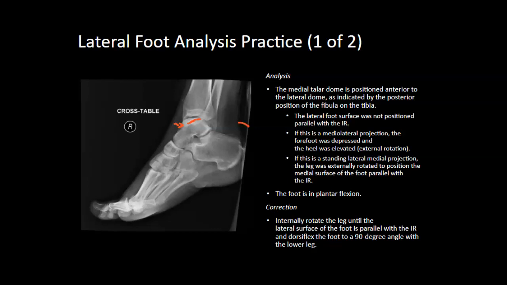Also, if you take a look at the position of your fibula, this should indicate to you that the leg was externally rotated. Also, this foot is in plantar flexion. So we need to internally rotate this leg until the lateral surface of the foot is parallel with the IR, and we need to dorsiflex that foot till it is 90 degrees.